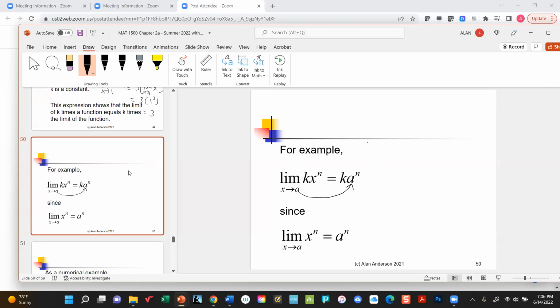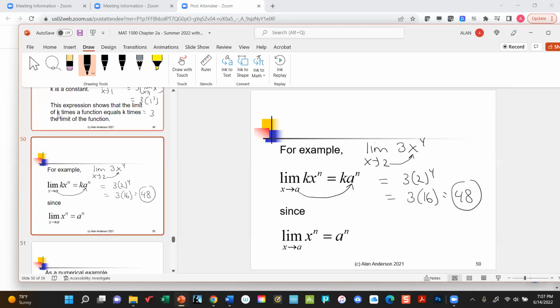So let's say we had the limit as x approaches 2 of 3x to the 4th, then it would just end up being 3 times 2 to the 4th, where we're literally just plugging in 2 for x. And so 2 to the 4th is 16. And so we end up with 48.